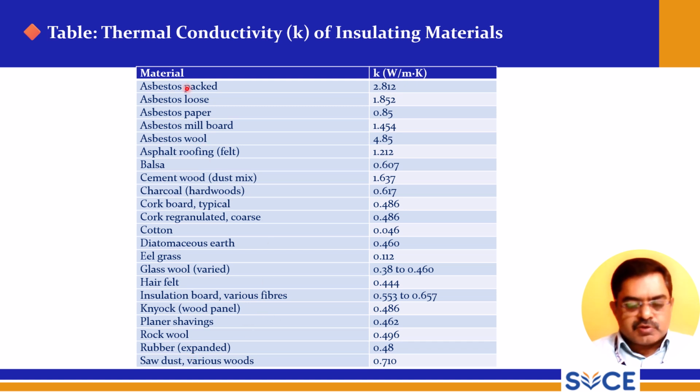So all possess very good insulating properties. So thermal conductivity is very less. In the asbestos wool, it is a little higher, but almost all the materials have lesser than single digit, that is, lesser than unity thermal conductivity.